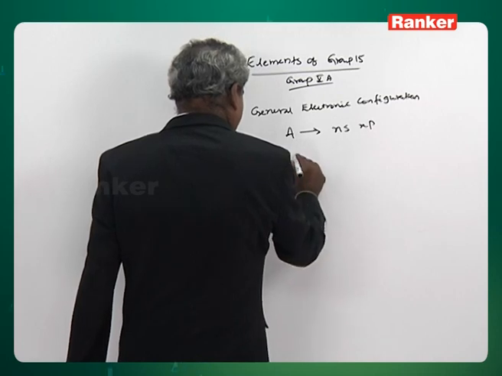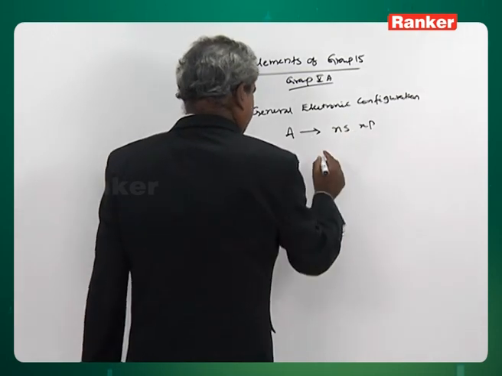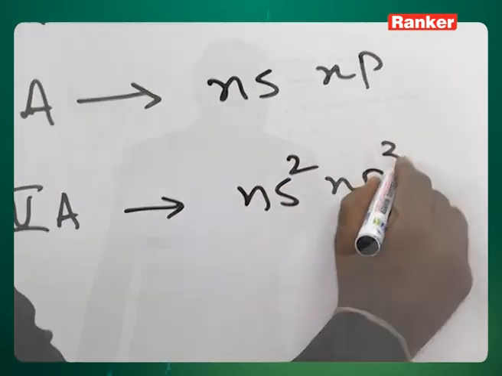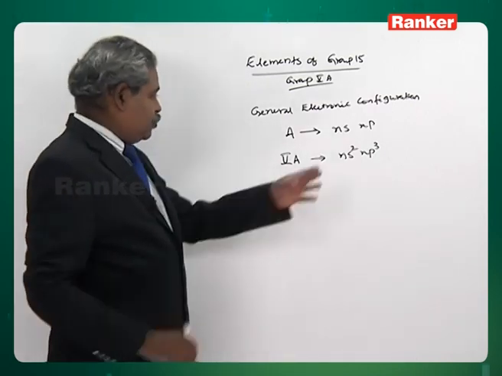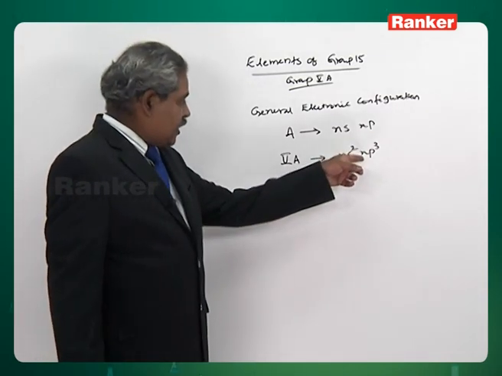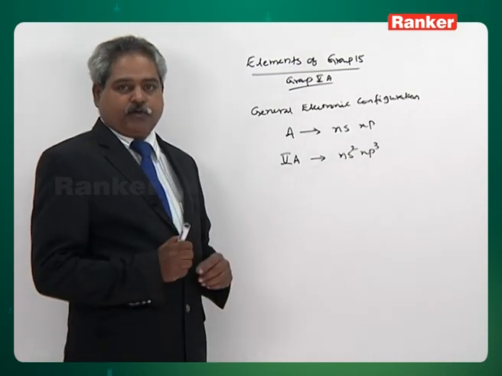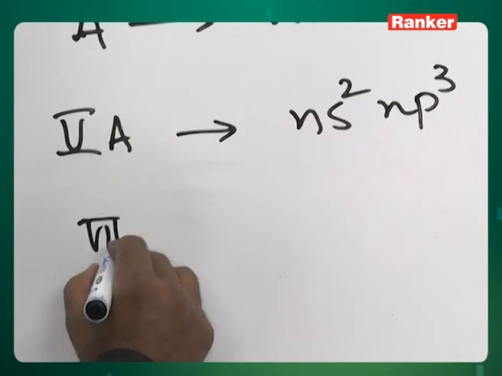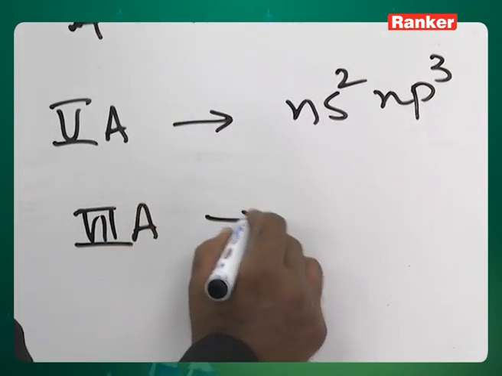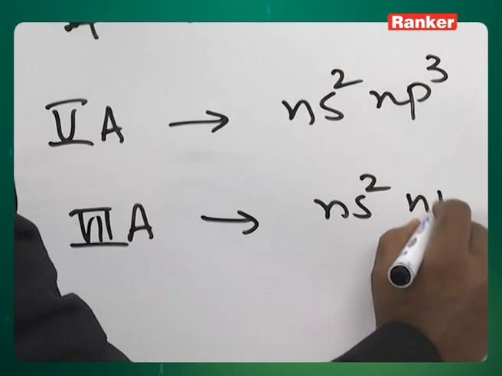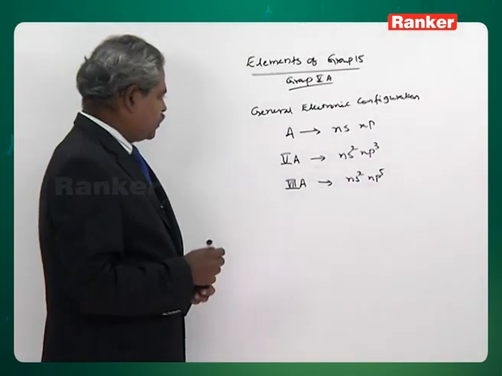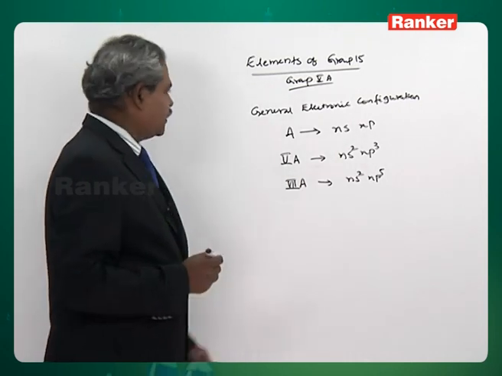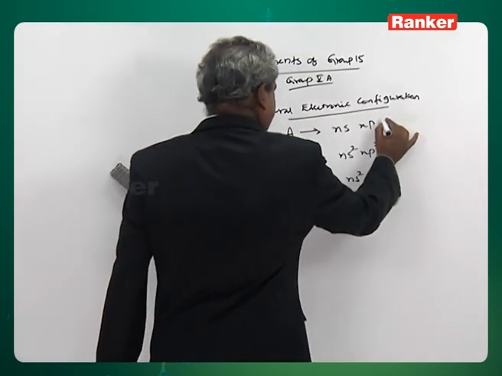For example, 5A: 2 plus 3, ns2 np3. That 2 plus 3, 5 will remind you this is the electronic configuration of a group 5A element. 7A: distribute this 7 between ns and np, ns2 np5. 4A, ns2 np2. Like that, general electronic configuration.